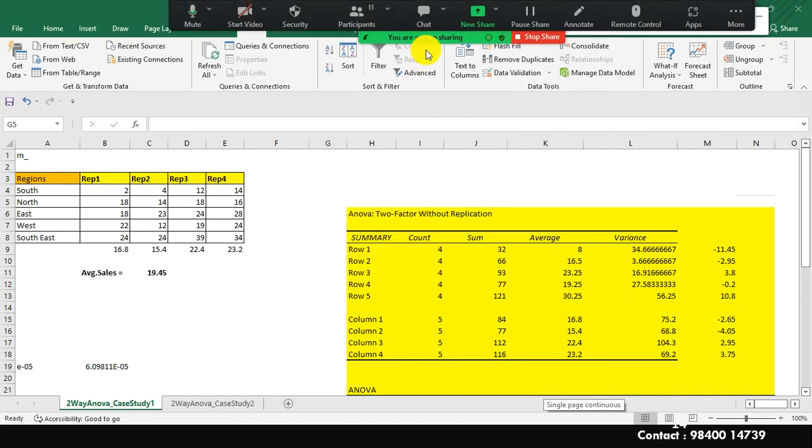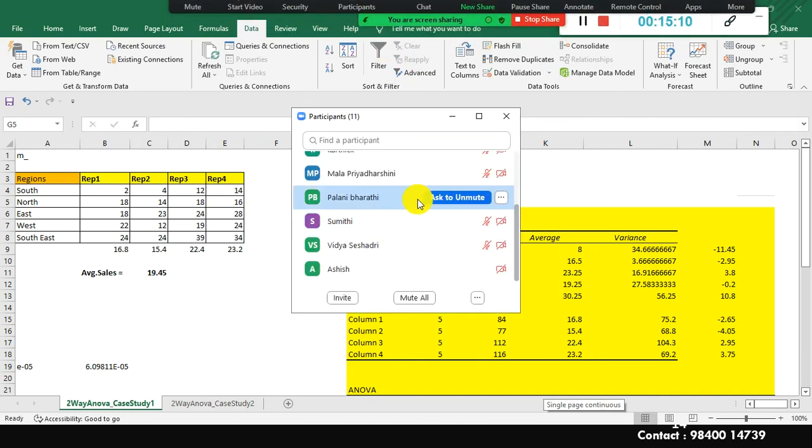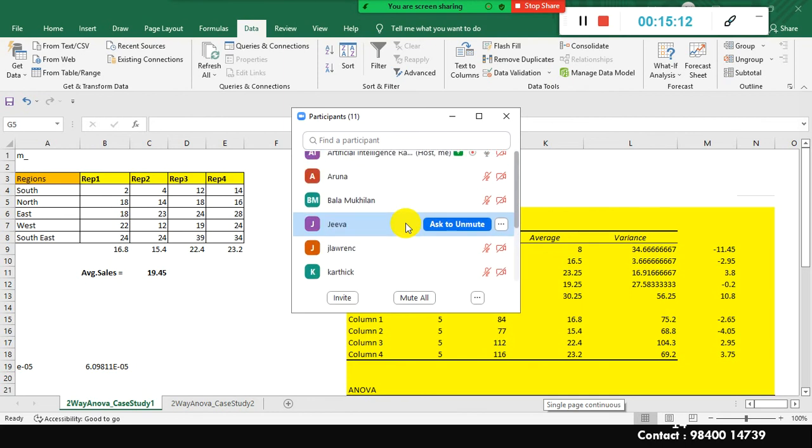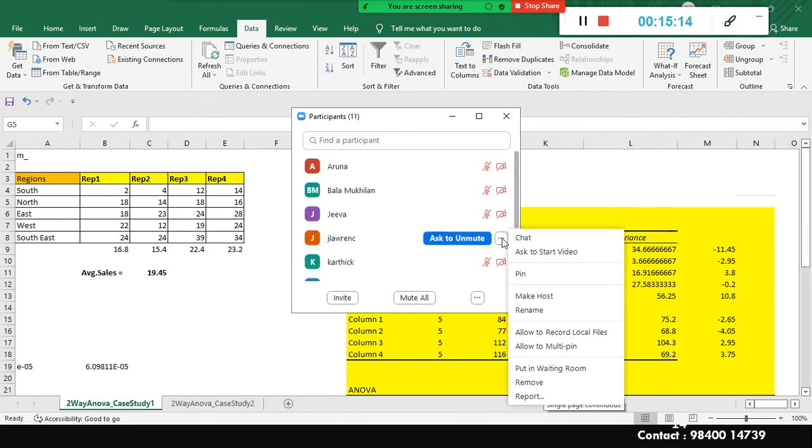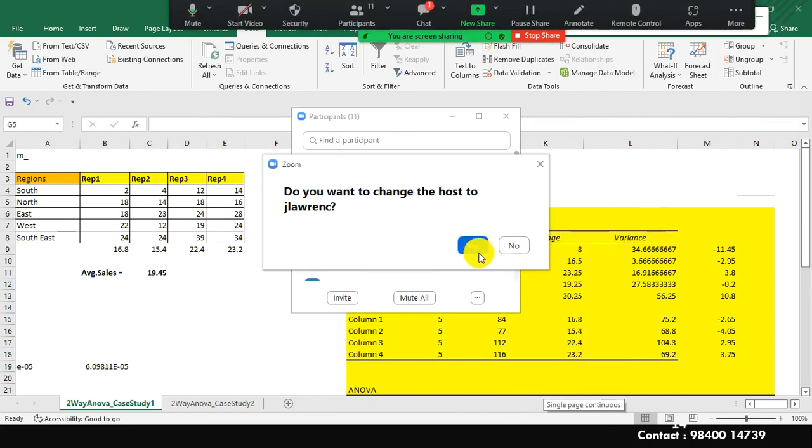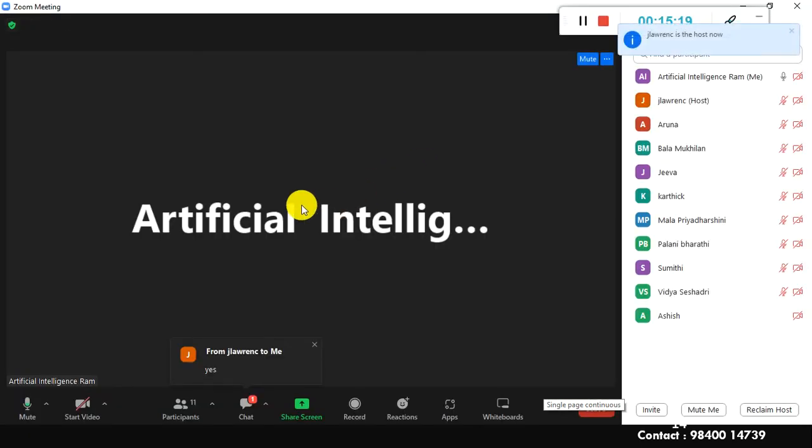Yeah, very good, Gilbert. That's good. Yeah, you can share your screen. That is a great idea. I will make you host, Gilbert. Yeah, that's good. If you can share your screen, that is very much helpful.